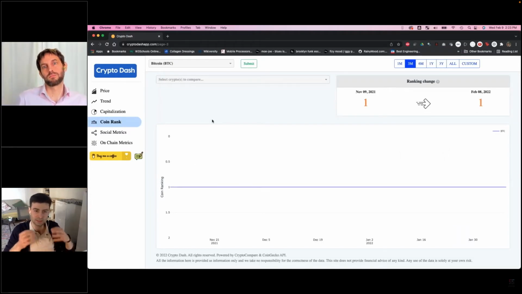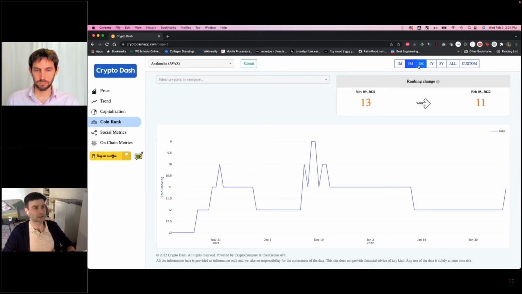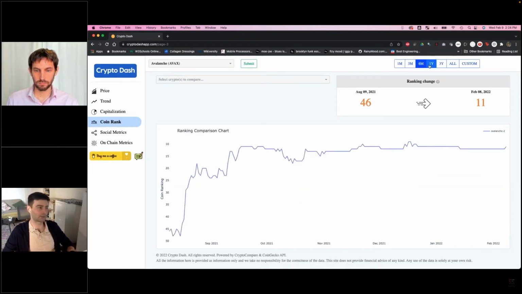So far, we made a good understanding on a certain crypto, and now we have the ranking page to compare given crypto to the other ones. So by default, we have Bitcoin, but Bitcoin is pretty much always the number one, and we don't see much action here. But if we select something like Avalanche here, we will see it's been actually on a rise in the last 6 months from 46th place to the 11th place.